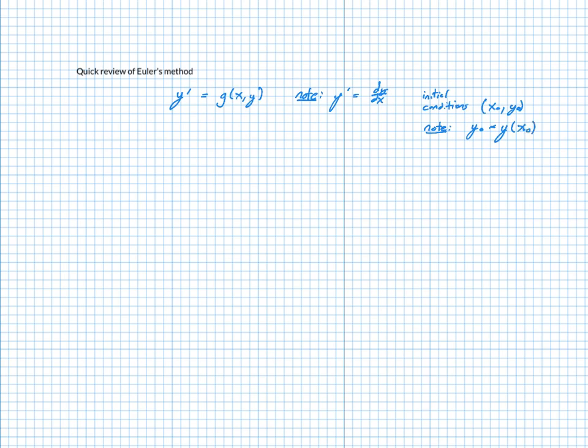Alright, so the way this works for Euler's method is that we have an initial point. I'll put the point right here. This is my point x naught comma y naught. This is my x-axis and this is my y-axis.